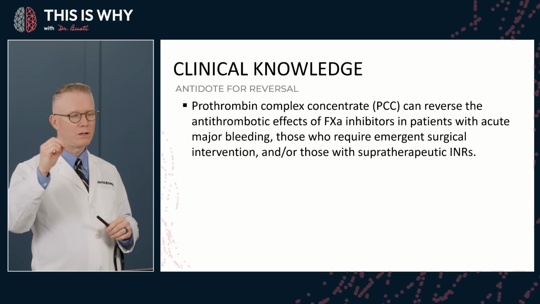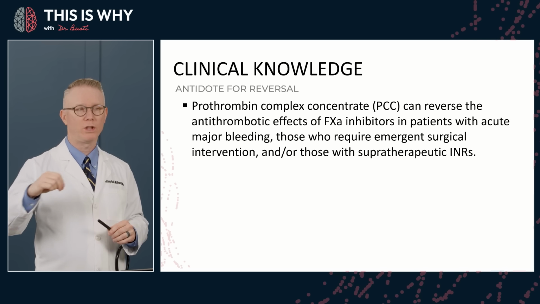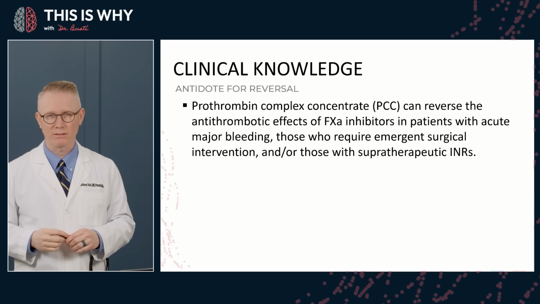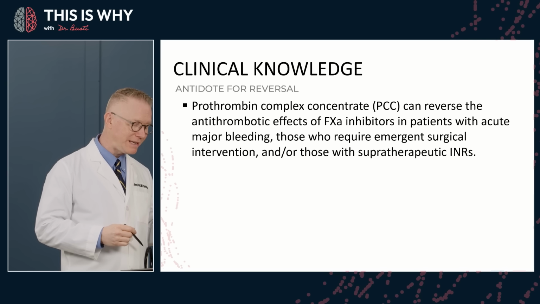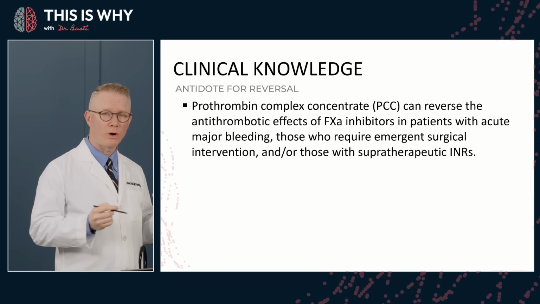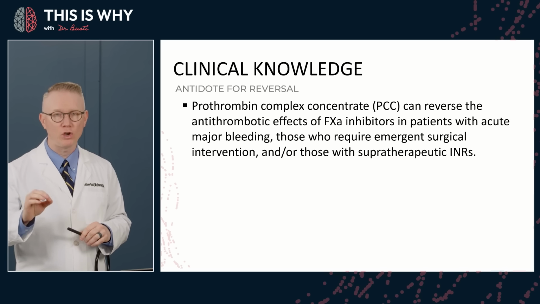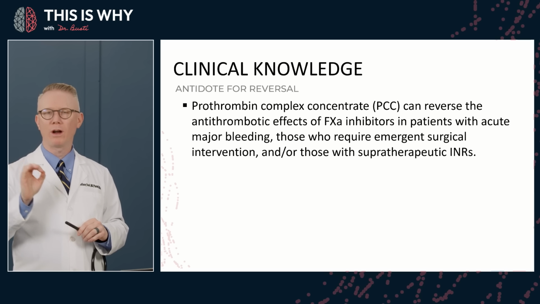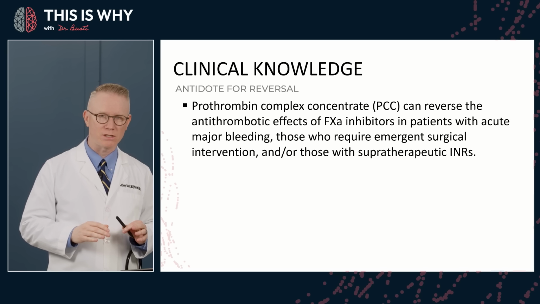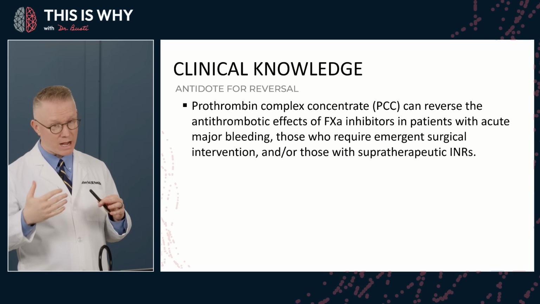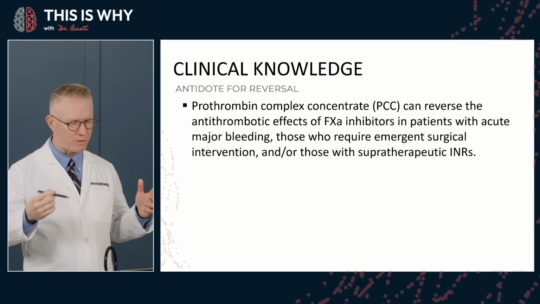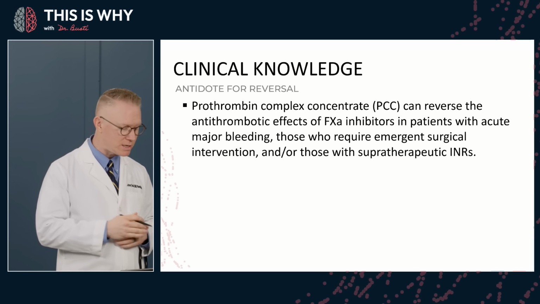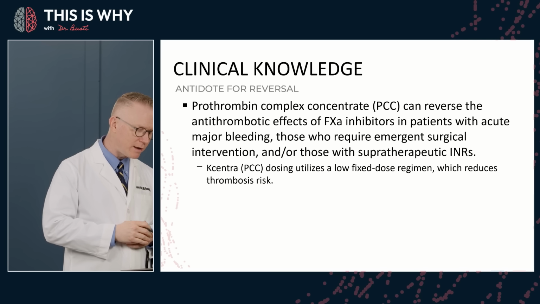Now, I mentioned reversal. Okay, what do you do when you start bleeding and maybe that bleeding is life-threatening? Okay, so PCC is the thing that more rapidly can convert these in acute major bleeds, those typically requiring more emergent surgical interventions, okay, or their INRs are very supratherapeutic, i.e. they're typically above 5 or more, probably closer to 10, where we get really worried about it.